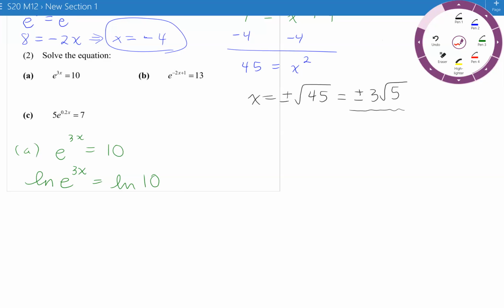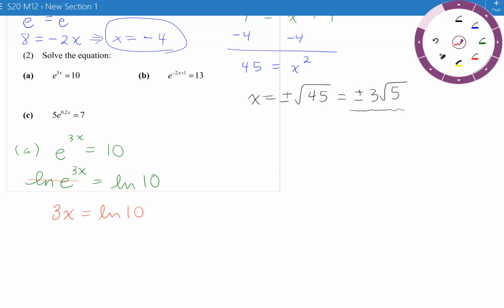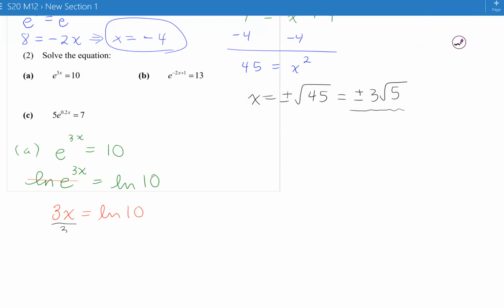So some students see it as canceling. You can say that to yourself, but really it's the inverse functions of each other. So 3x is the natural log of 10. So to solve for the x, I'm going to divide by 3. And x equals the ln of 10 over 3.